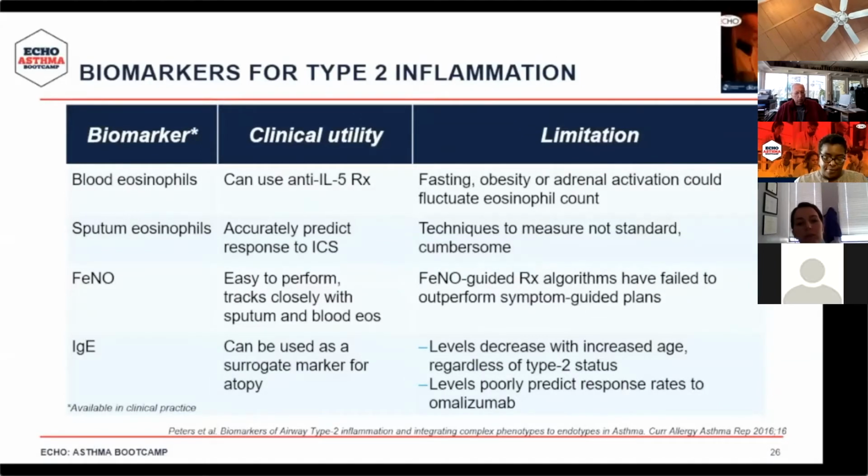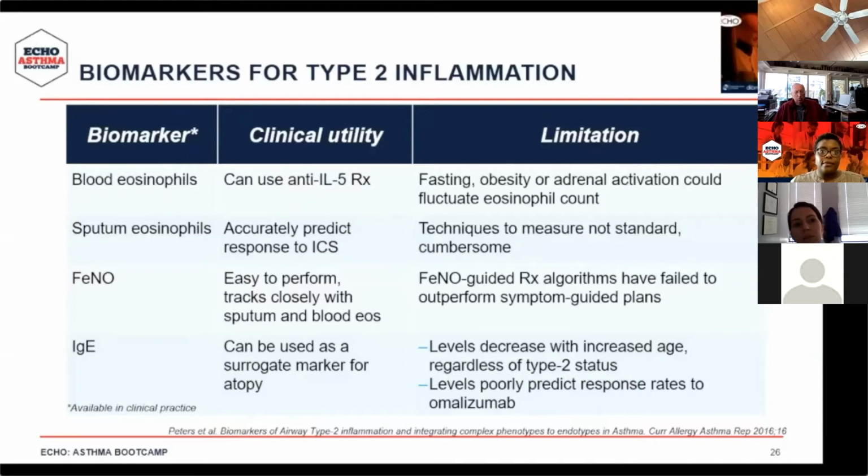The limitation for this is that fasting, obesity, and adrenal activation can all fluctuate eosinophil counts. It's particularly important that when a patient is on chronic steroids or has been exposed to a recent course of systemic corticosteroids, that may actually mask eosinophil levels and needs to be considered when an eosinophil level is checked.